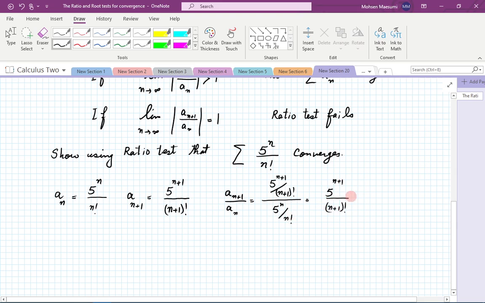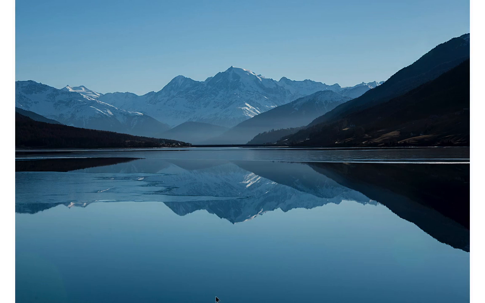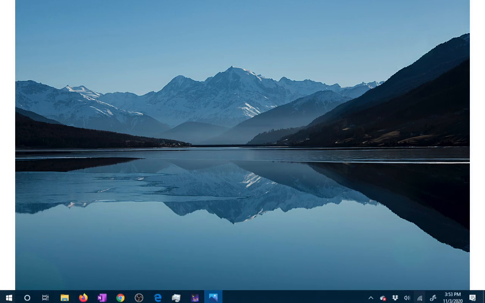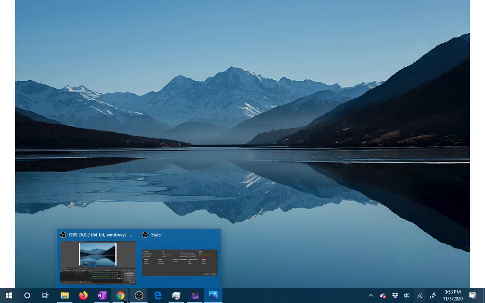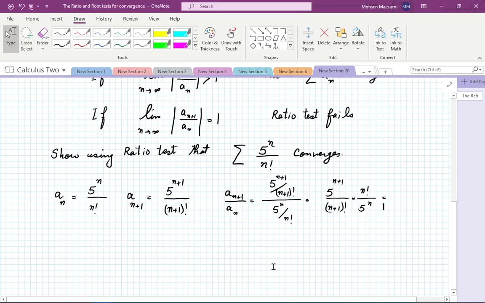So this is going to become n factorial and then 5 to the power of n. Okay, the trick always is in simplifying these things. These two powers you can simplify, and let me ask you to simplify that and come back in a second and tell me what is that ratio. So you want to pause this problem and find the ratio and then come back and tell me what the limit of that ratio is going to be.